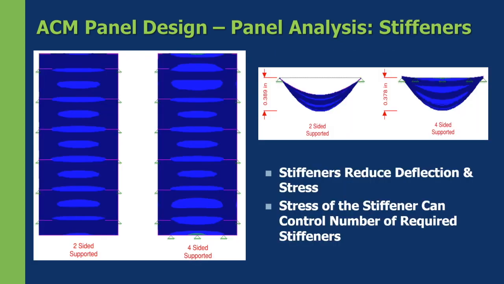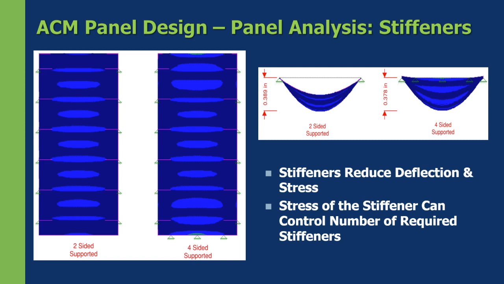So if stress and deflection both don't work out, or one or the other doesn't, we have to add stiffeners. And stiffeners can open up a new can of worms. They do their job, they stiffen up the panel, and they reduce the overall deflection and the stress. However, stiffeners can then become the controlling factor. Stiffeners are essentially beams, and they're inherently weak due to their size.